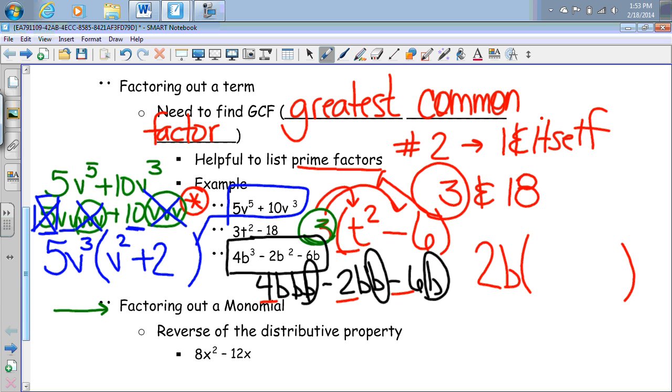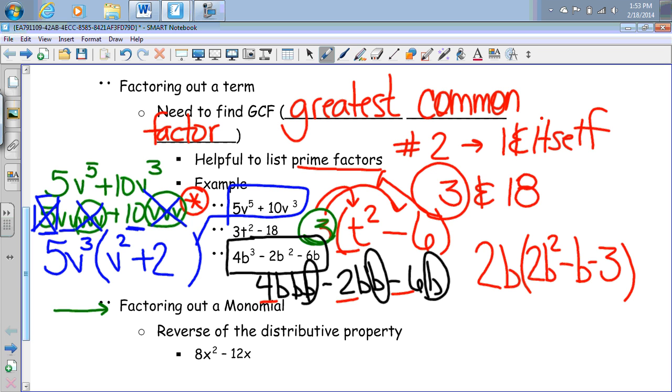4 divided by 2 would be 2. How many b's are left over? 2, so it's b squared minus 2 divided by 2 is 1. I don't need to write that. Take away a b, I'm left with 1. Minus 6 divided by 2 is 3.